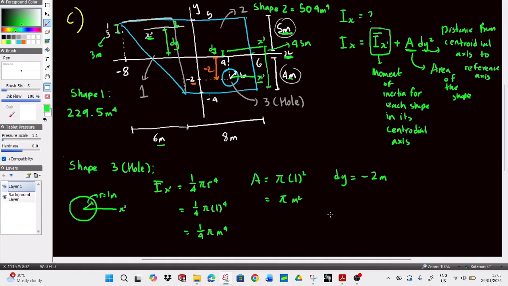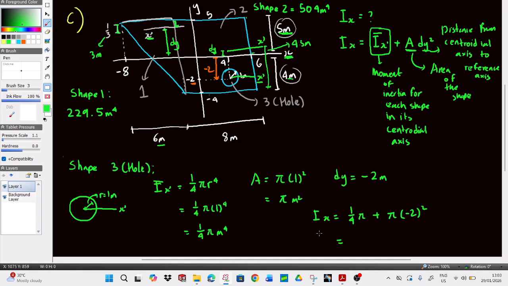Okay, so all in all, your Ix would be 1 over 4 pi plus pi times negative 2 squared.